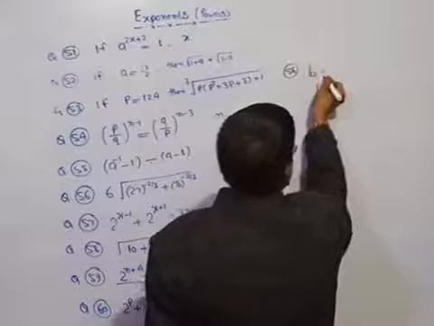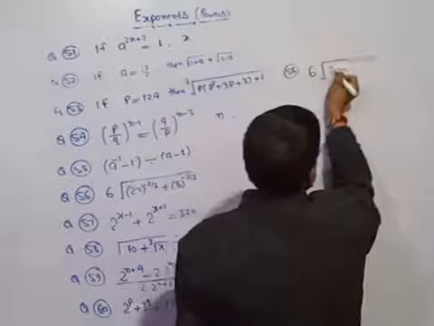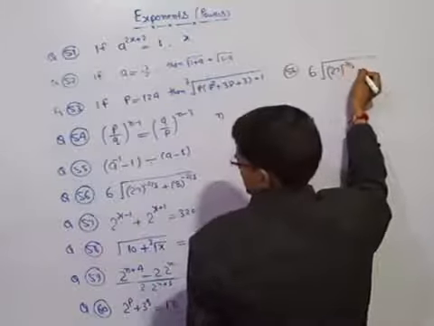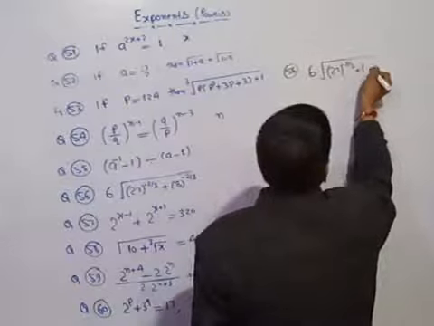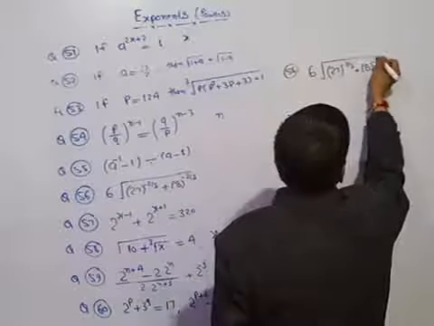6 root of 27 to the power minus 2 by 3 and 8 to the power minus 2 by 3.